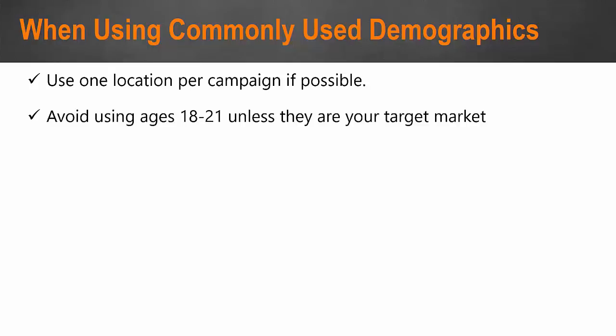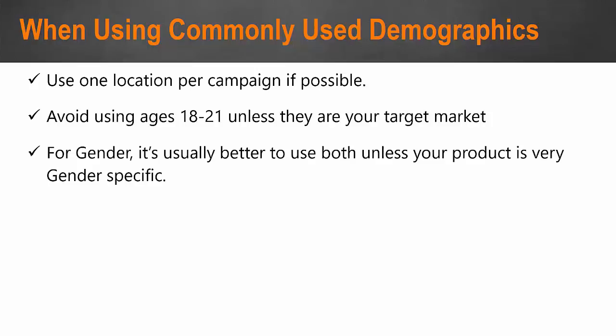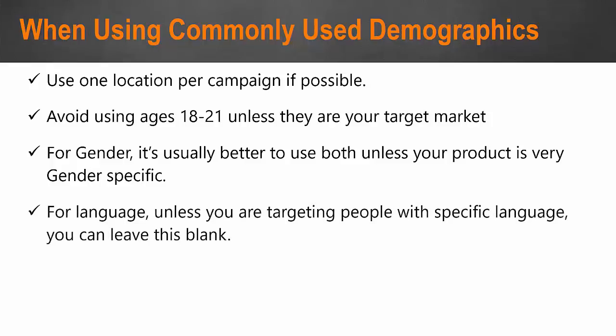Number two, avoid using ages 18 to 21 unless they are your target market. Why do you need to avoid this age range? Because usually Facebook users within this age are the spammers. For gender, it is usually better to use both, unless your product is very gender specific. For language, unless you are targeting people with a specific language, you can leave this blank.